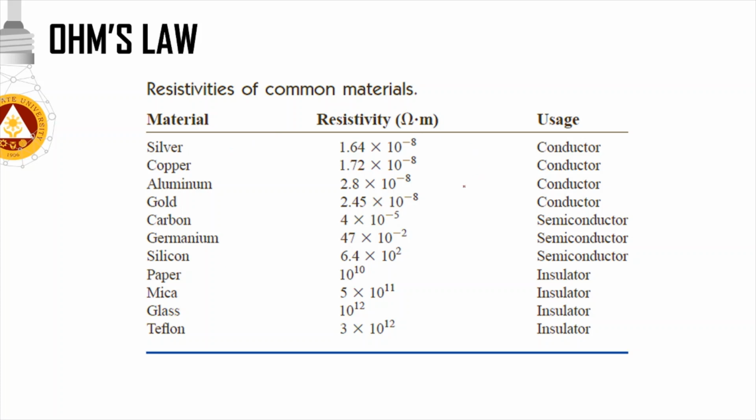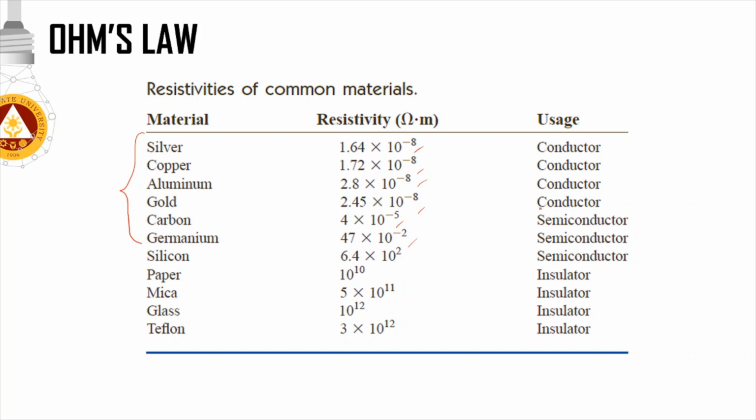Tingnan natin yung mga elements na nasa taas at saka yung mga elements sa baba at yung kanilang corresponding resistivity value. Mapapansin nyo, yung mga material natin sa bandang taas, ang kanilang resistivity or yung raw value nila ay masyadong maliliit. Kasi tingnan nyo, raised to negative power sila.